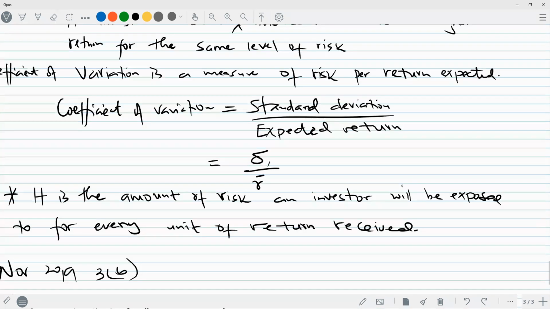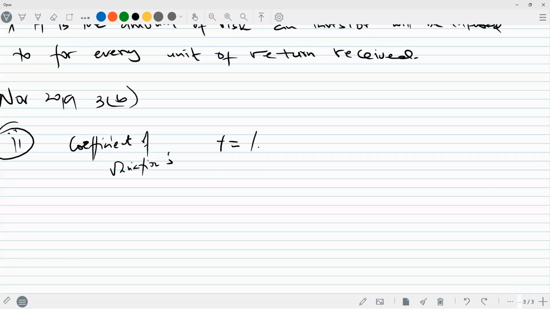Yes, the standard deviation. We divide by the mean return, the expected return, which is 10.4. Yes, for Y, it's 10.4.